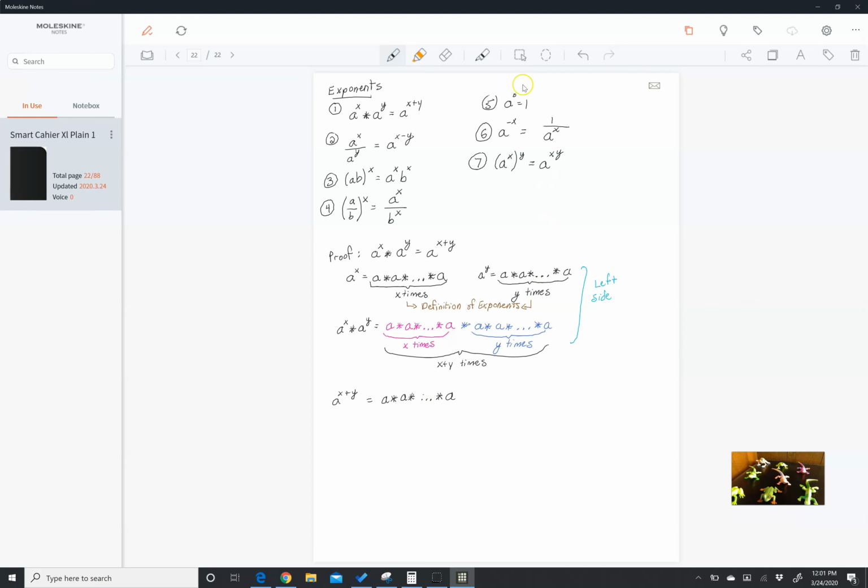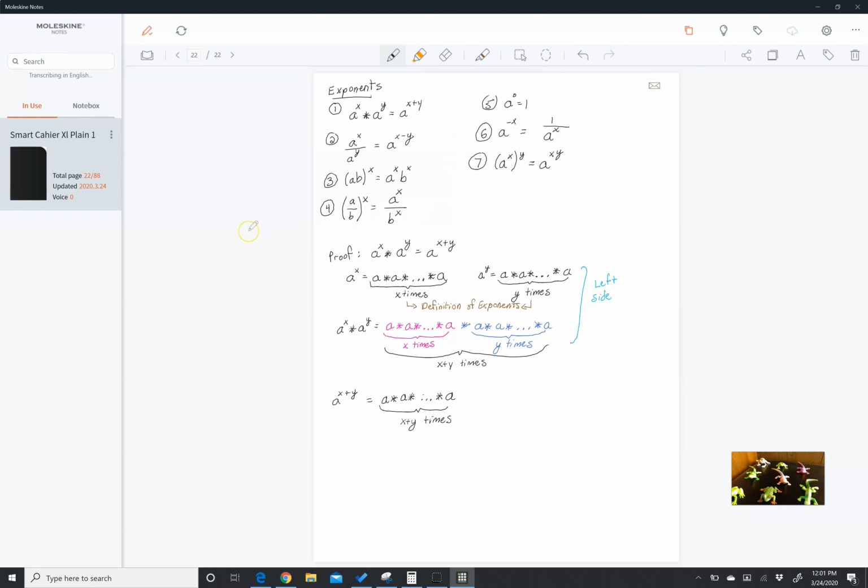And this time, all we know is that this is x plus y times. And once again, this is just because that's what the definition of exponents is.